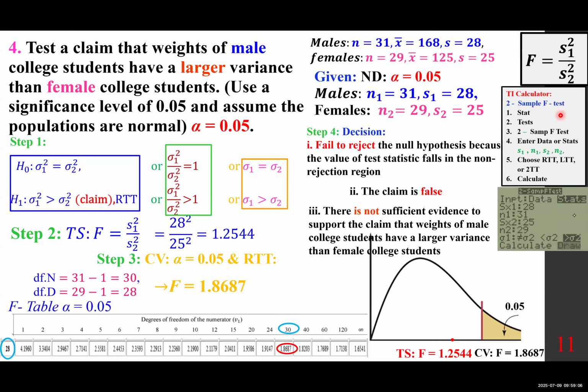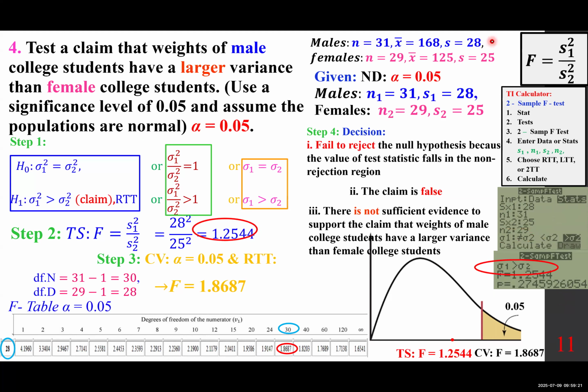And if we were to use a technology, we would use the two sample F test. And we put the information in, and again, I can't emphasize this enough: make sure S, the one with the larger value, in this case for males, is S1. So you put it in, and it gives you this information. Look at what it has calculated.